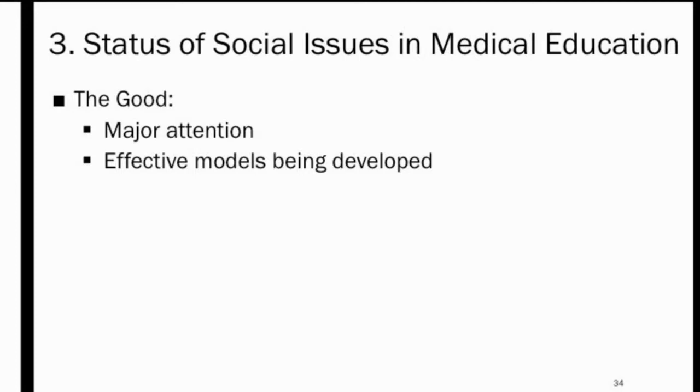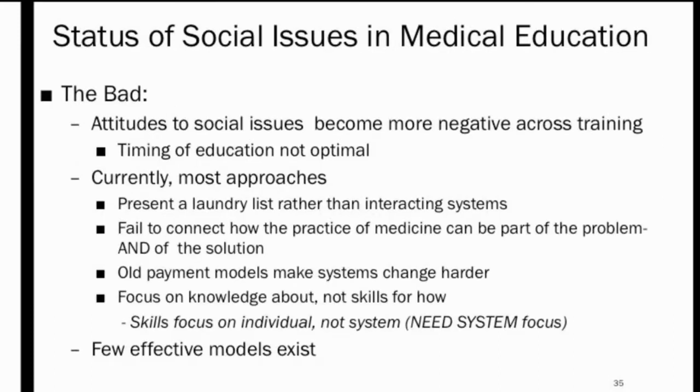So that's part of what we need to come to terms with in terms of how we present information effectively. In terms of social issues in medical education, this is getting increasing attention, and we're developing models about how to teach this, and that's good. But there's still a little more bad than good. We know that as people progress through medical education and training, starting with medical students and going through residency, attitudes toward patients with disadvantaged backgrounds become more negative.